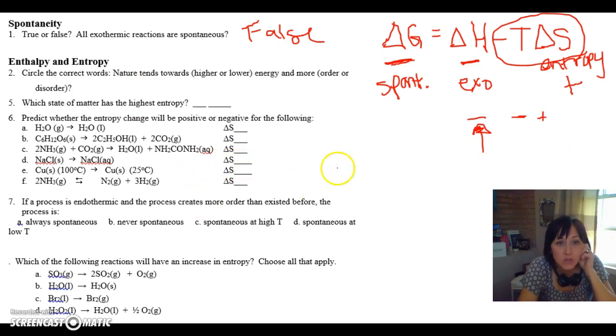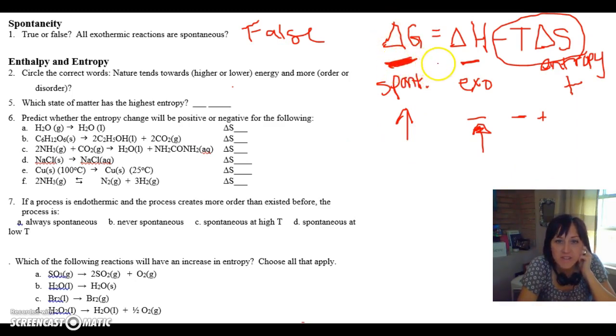All right, circle the correct words. Nature tends towards higher or lower energy and more order or more disorder. So when we look, Gibbs free energy is negative, right?